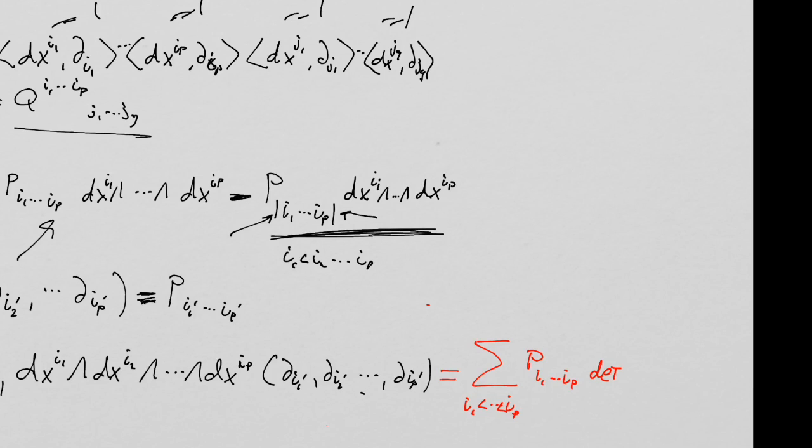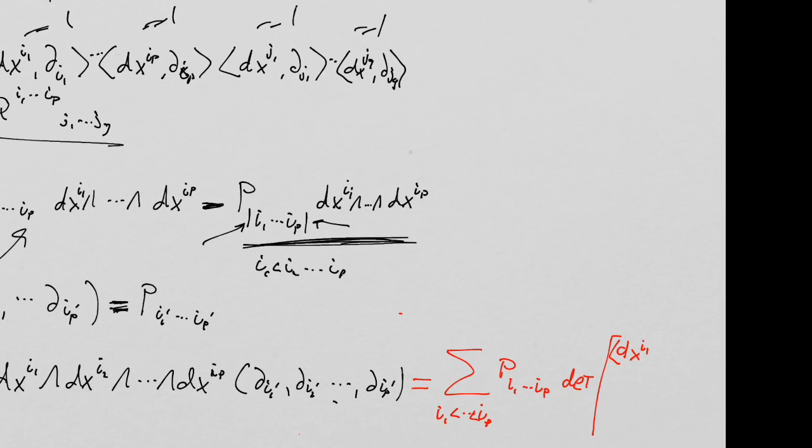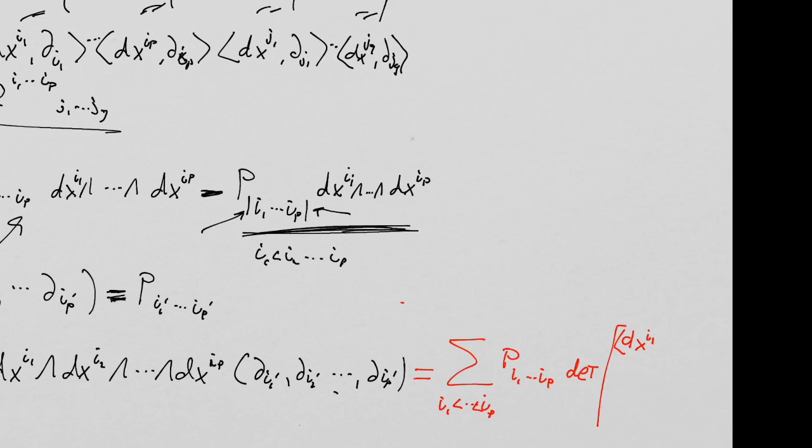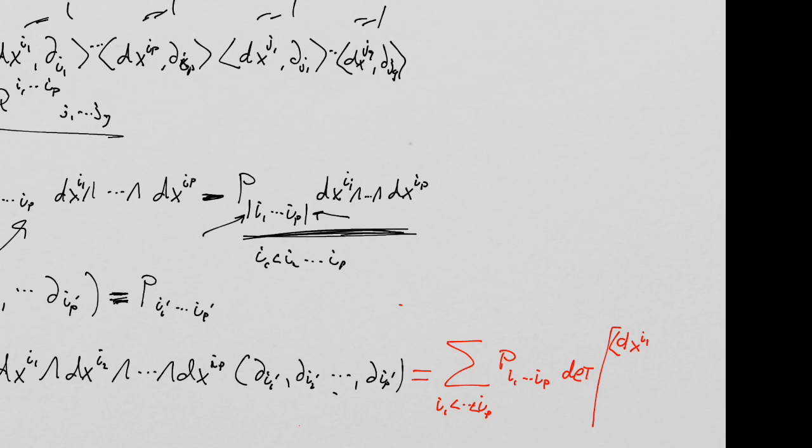It is the determinant of the dual space mapping dxi1 partial I1 prime, and then here would be dxip partial I1 prime.